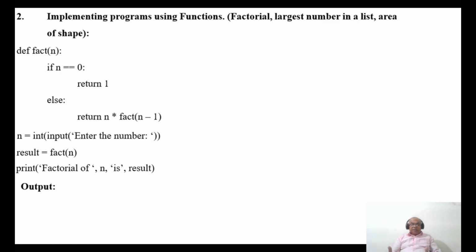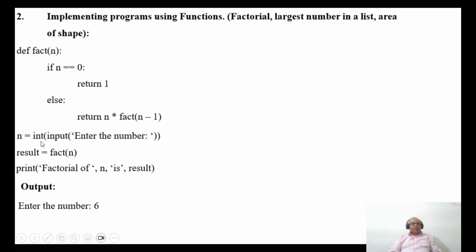So what will be the expected output in this case? When you run the program, initially the cursor will be at this point. Since it is a function, it will skip all this code and come to this.